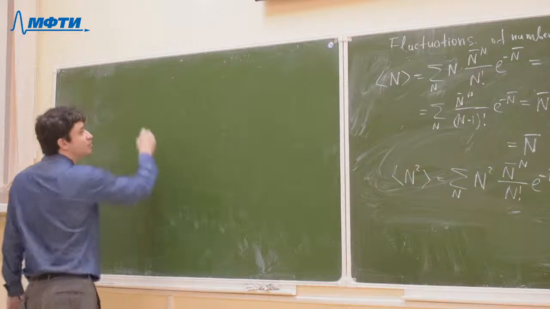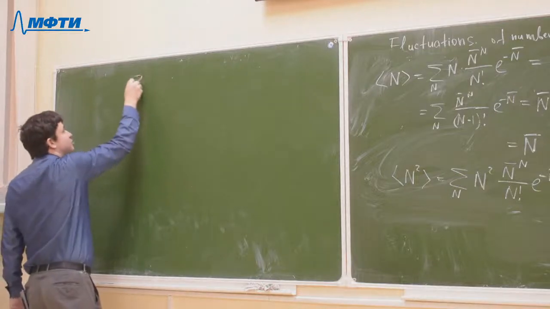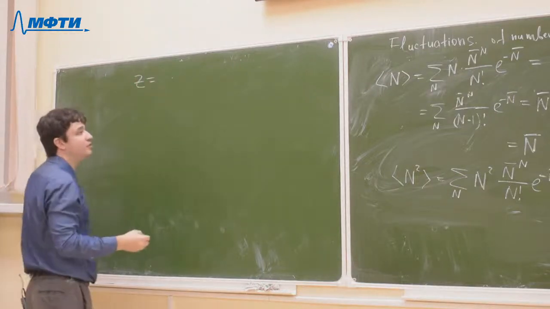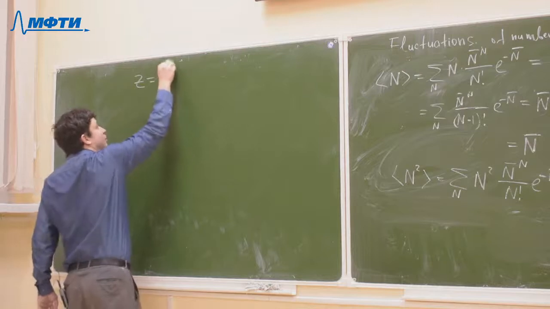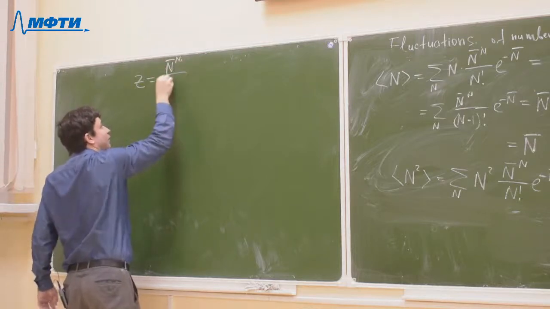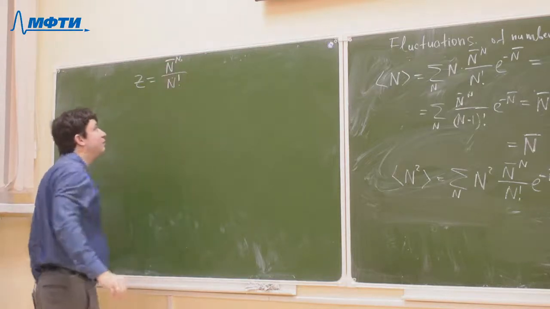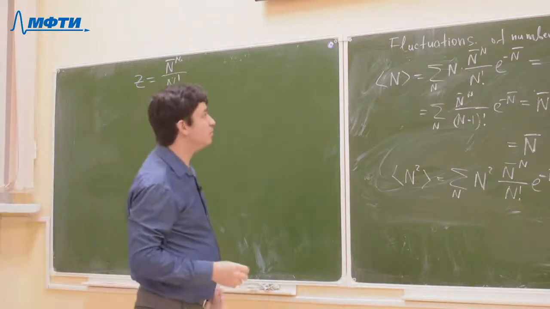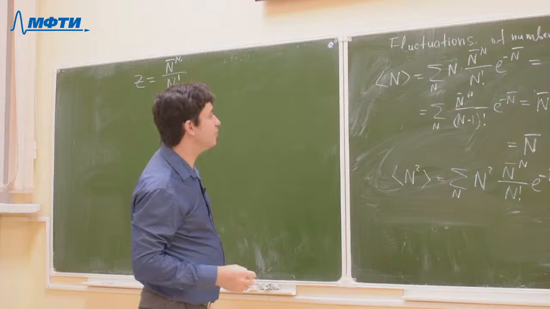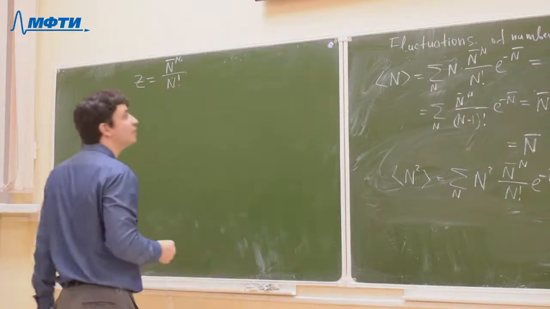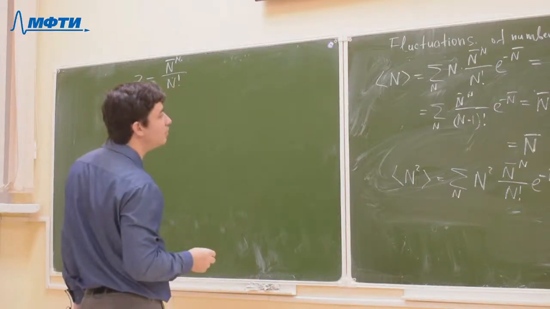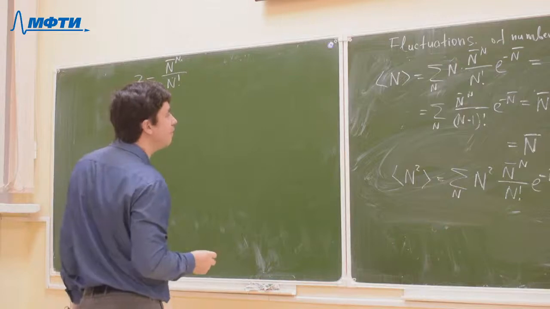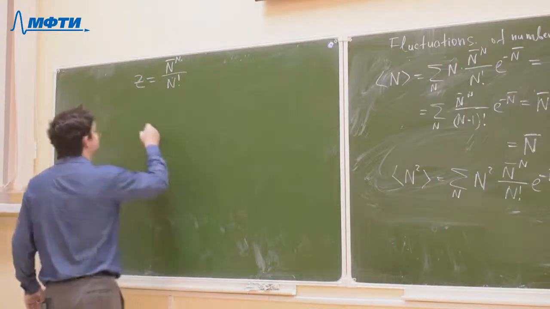Okay, so it would be better if we introduce this function Z, which is the sum over n of n average to the power n over n factorial. And now let's try taking the derivative of this function.